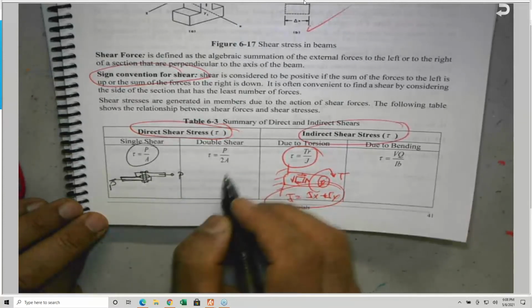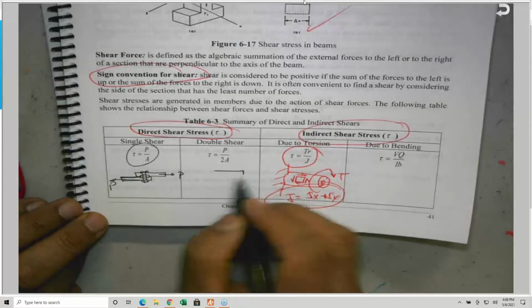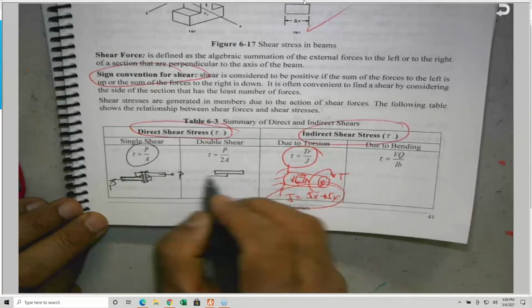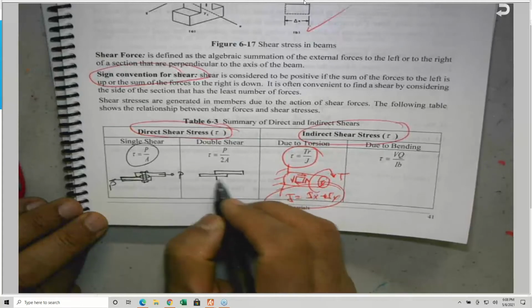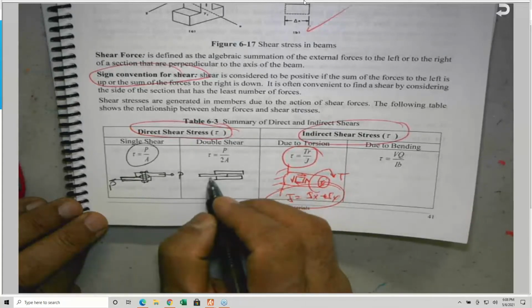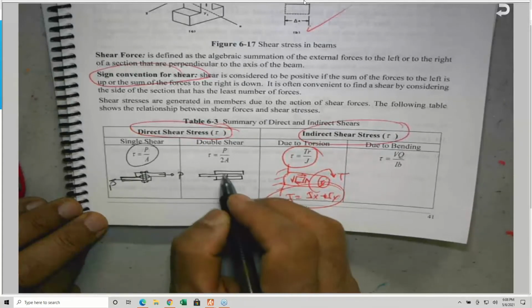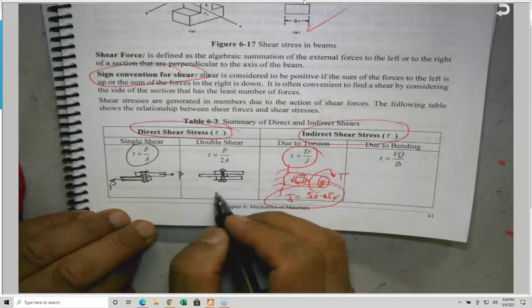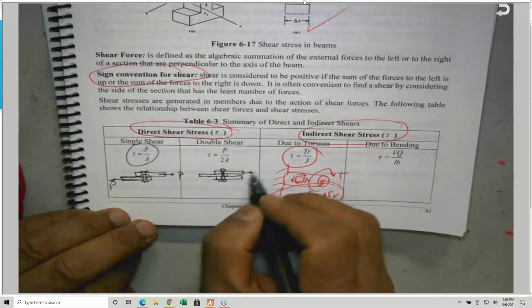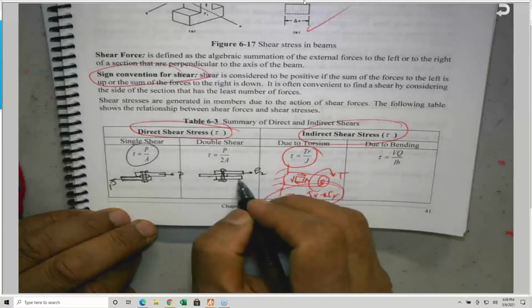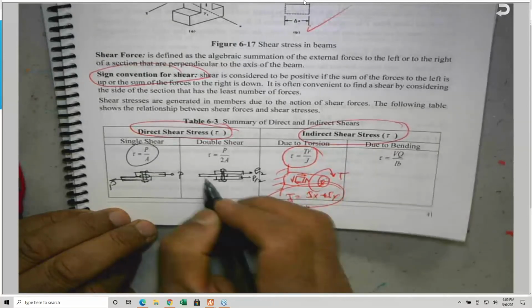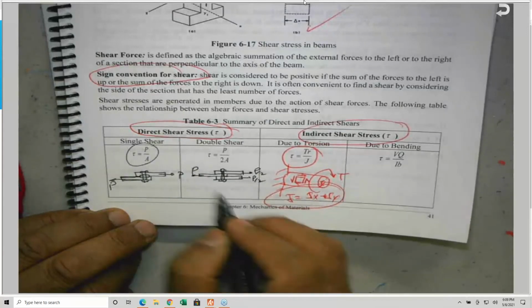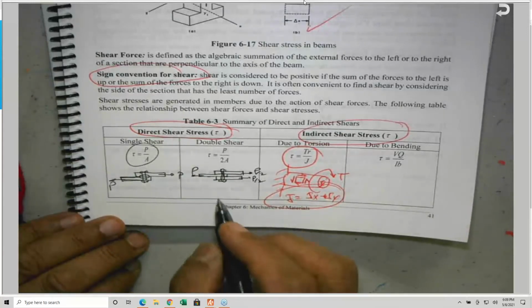But if we do have two areas that will be sheared, like when three plates are connected together, and this is the rivet or bolt or screw, whatever you'd like to call it, in this case this is P over 2, and this is P over 2, and this is P. So right now I have two areas that will be sheared.